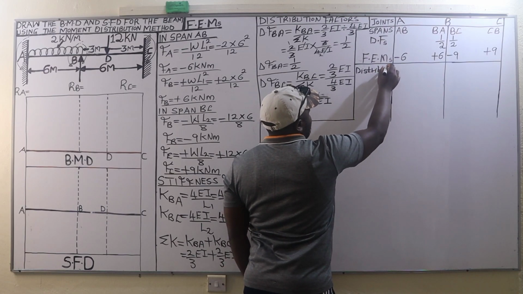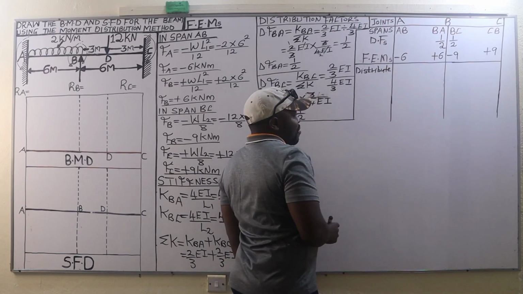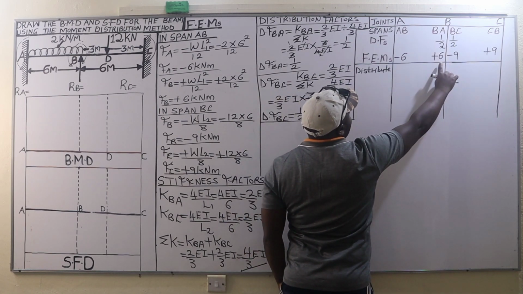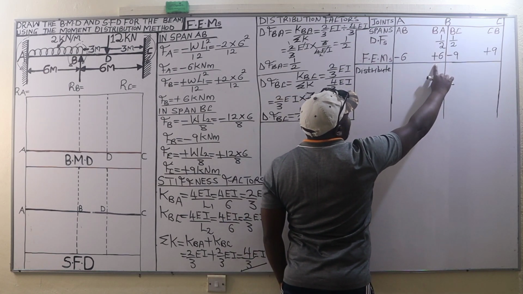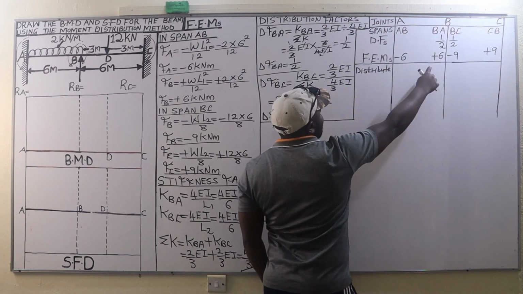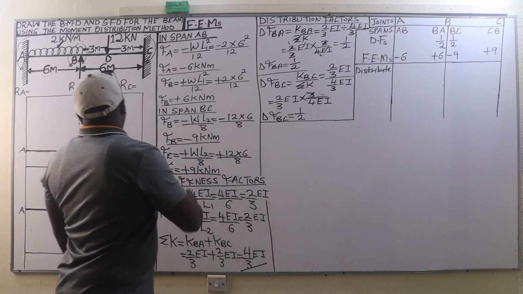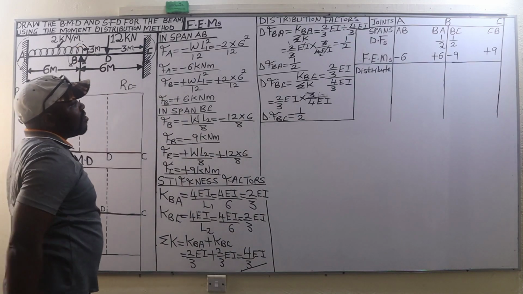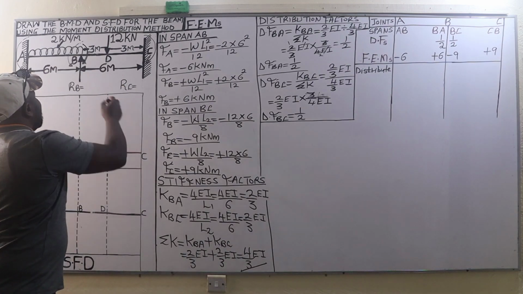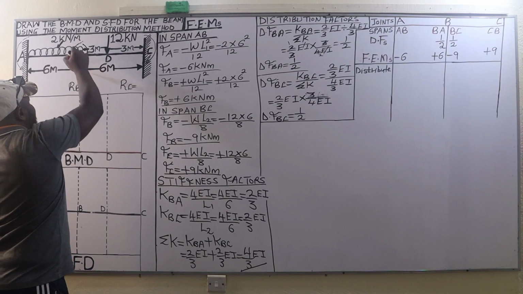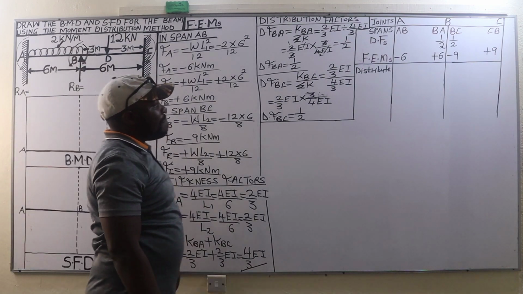And what we are distributing in this case, on joint B, on the left hand side of B, member BA, we have positive 6. That is a clockwise moment of 6 kilonewton meter, and another anti-clockwise moment for the member BC.